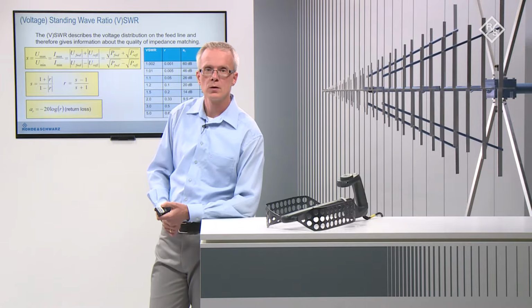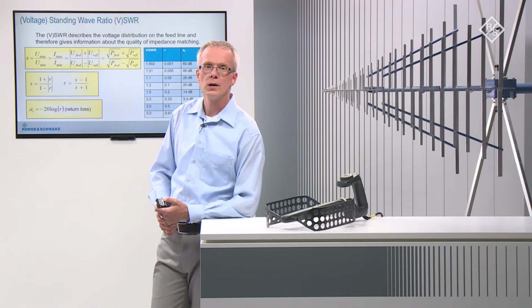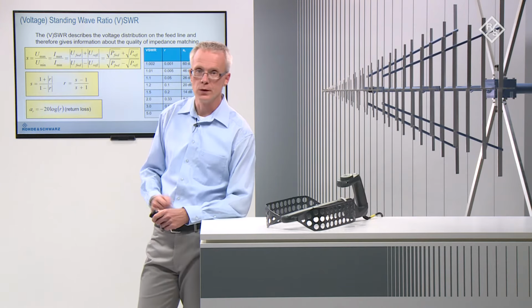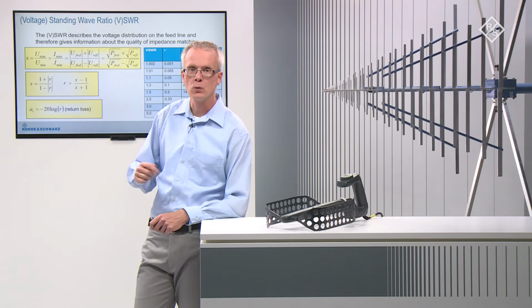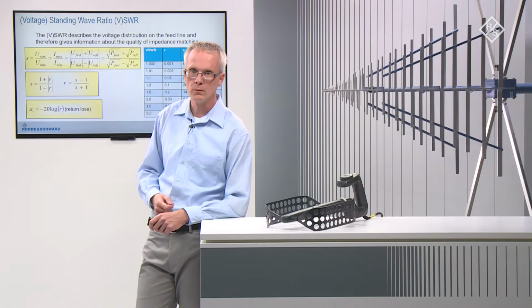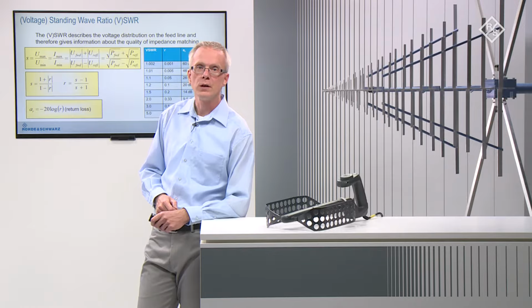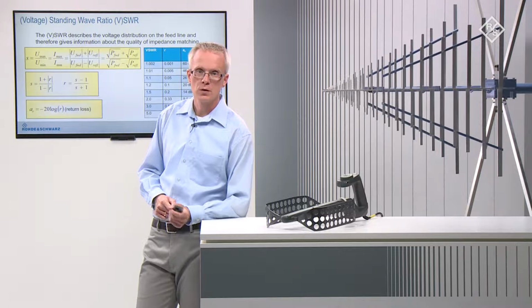We have already learned that due to impedance mismatch, some of the input power is reflected back to the transmitter. On the cable which connects an antenna to a transmitter, this causes so-called standing waves. The quality of matching, and therefore the amount of standing waves, is given by the parameter VSWR, or voltage standing wave ratio.